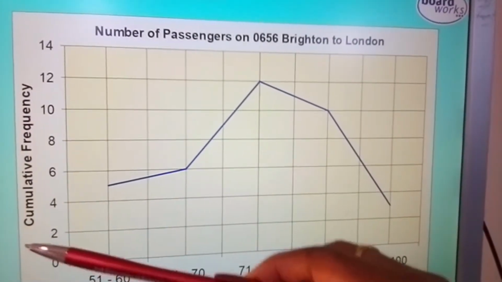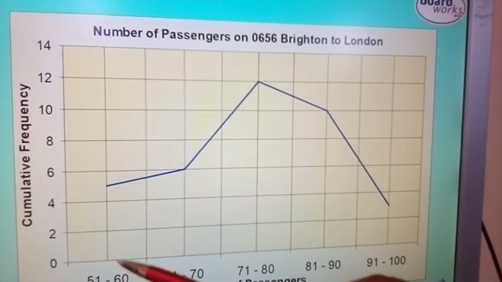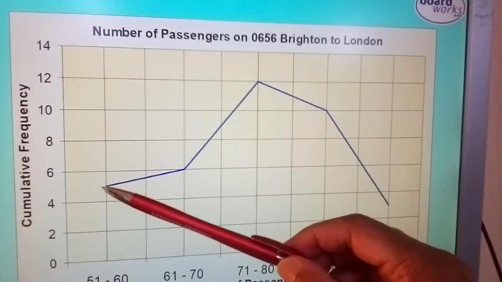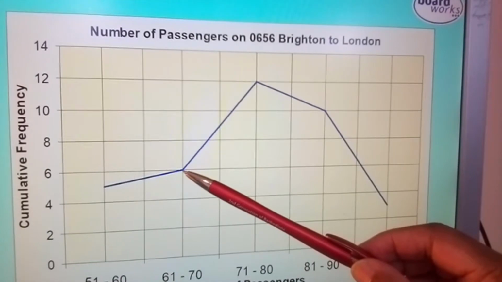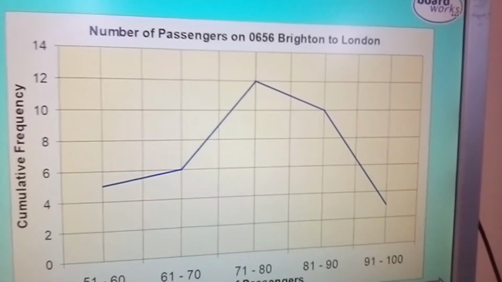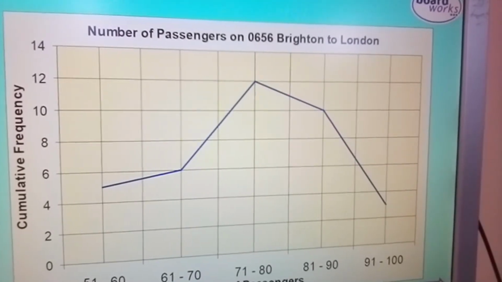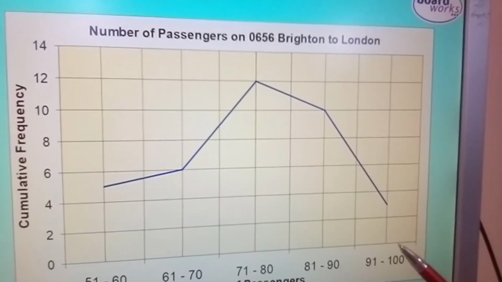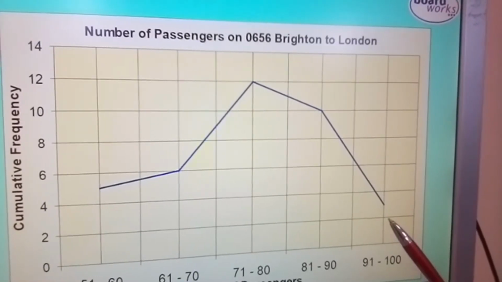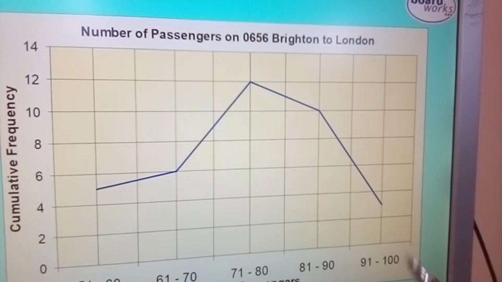Okay, and the frequency we got, as we said, here's 5. We got 6 here, and here we got 12 between 71 and 80, and then we have only 3 between 91 and 100.